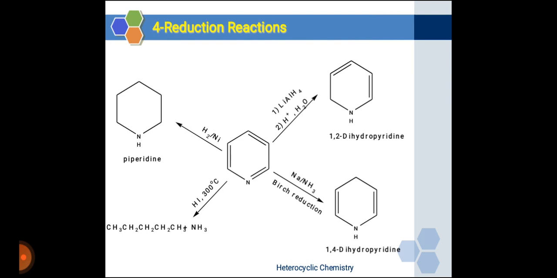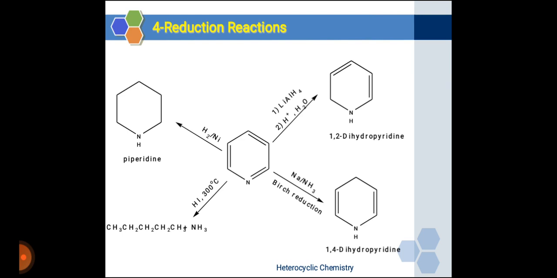Then the pyridine undergoes hydrogenation in the presence of a metal like nickel, so all the double bonds are saturated to form piperidine. Here all the carbon atoms are in sp3 hybridized orbitals.